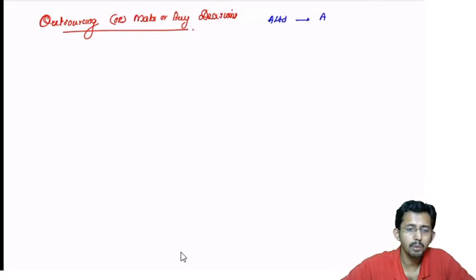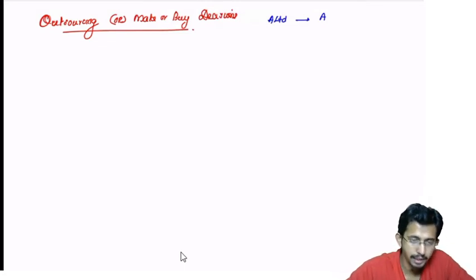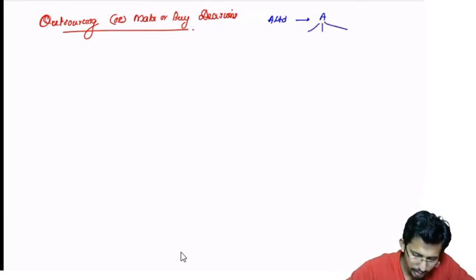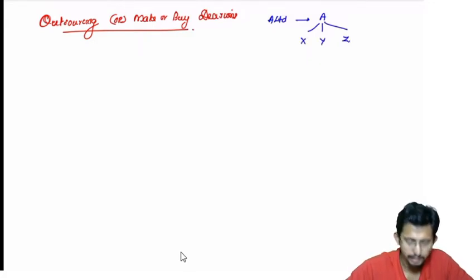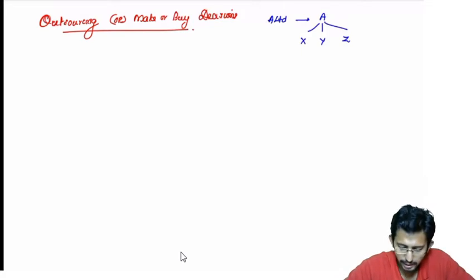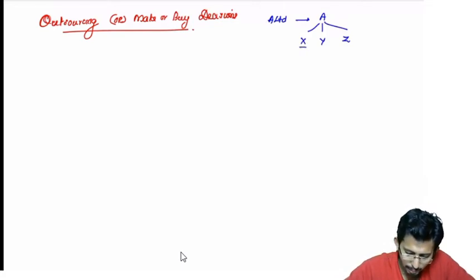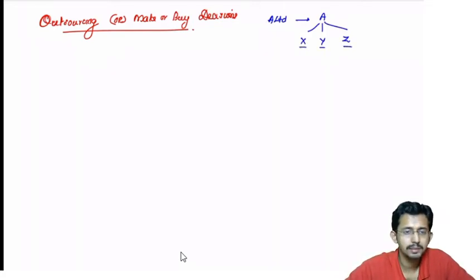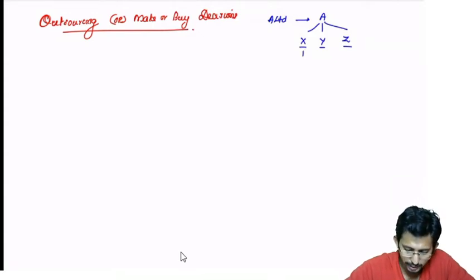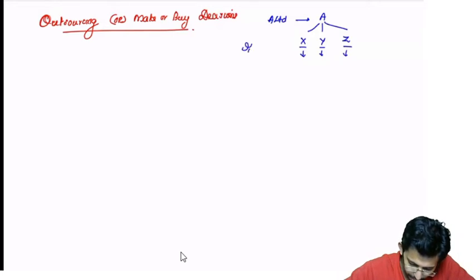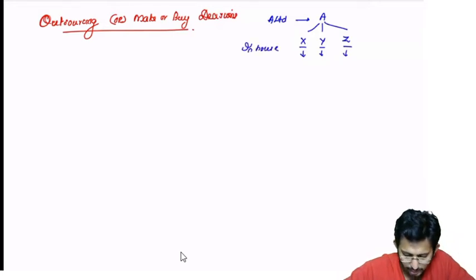Now, for manufacturing this particular A, it requires three components: component X, Y, and Z. Currently, all the three components X, Y, and Z are manufactured in the factory itself. It is in-house production.